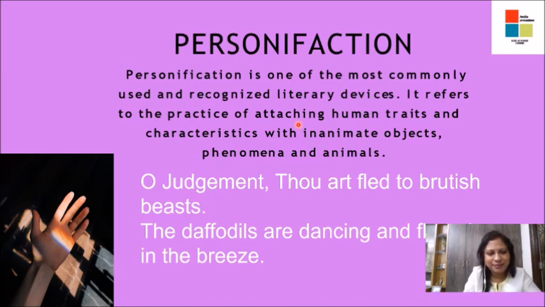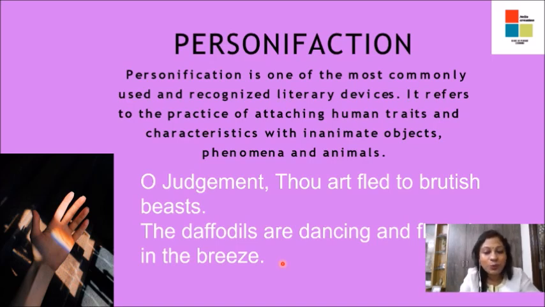Let us take this example. The daffodils are dancing and fluttering in the breeze. This is a very famous example from Wordsworth's poem, The Daffodils. In this poem, the daffodils are compared to something which is like dancing in the breeze. Why are they dancing in the breeze?